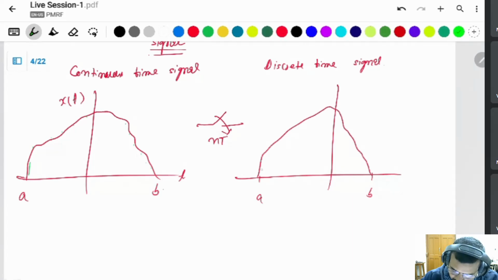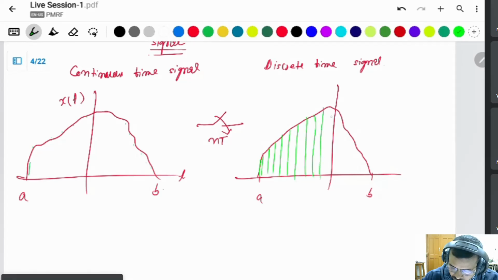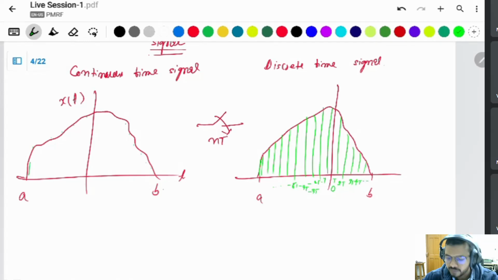In discrete time it will go like that, represented as nT: T, 2T, 3T, 4T, 5T, and likewise on the negative side, depending on the time of the switch. You can convert this into a discrete time signal.